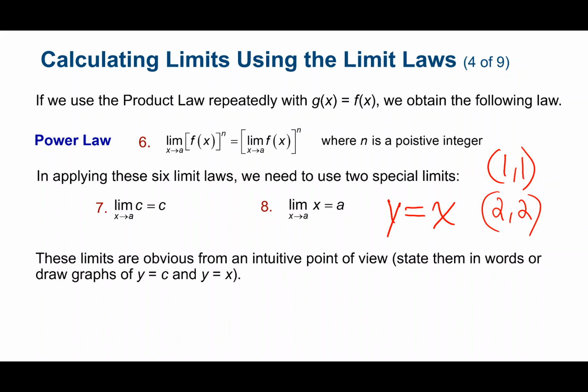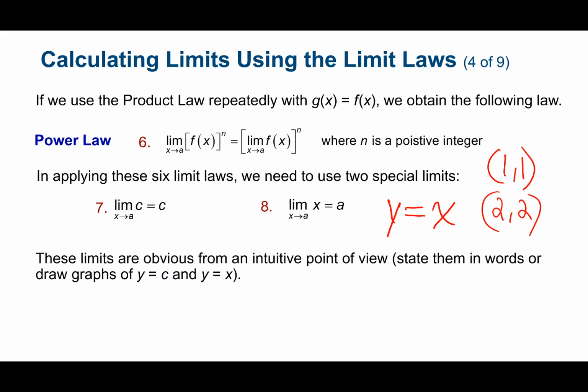So those are our building blocks. We've got the 5 limit laws we saw to start with. We can extend the product to the power law. And we've got 7 and 8 as our basic building blocks. And now we can do a lot.